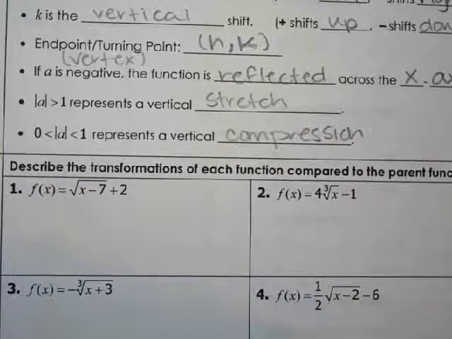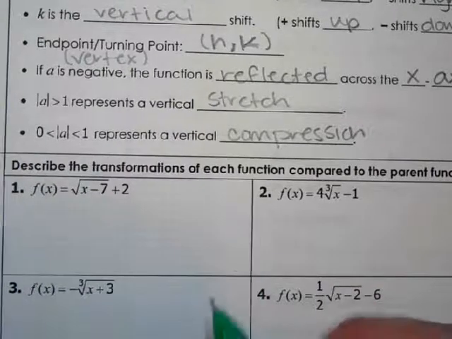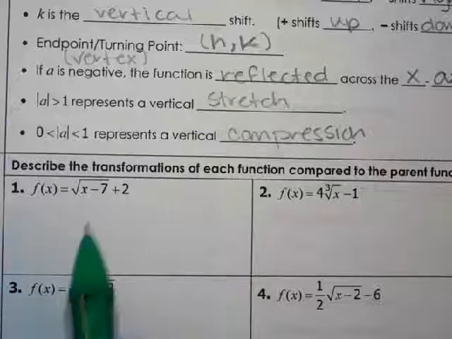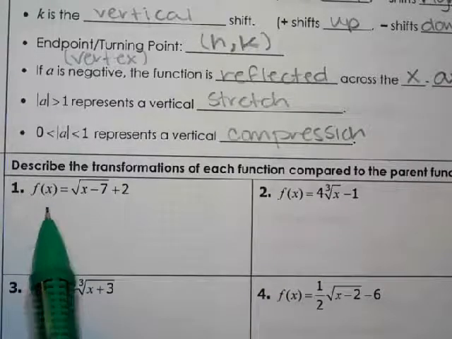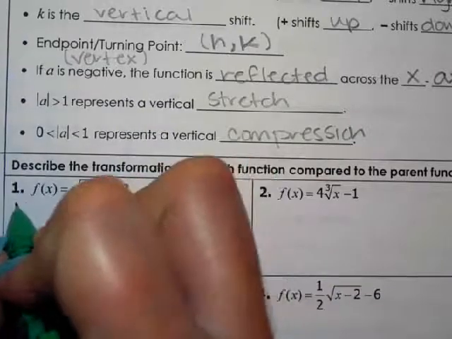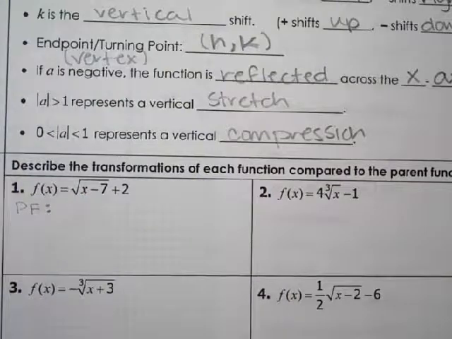All right, so let's describe the transformations down here. Can we do that? Okay, so for number one, I'm going to put PF. That's going to be for parent function. We're just going to say if it's a square root or cube root, and then we're going to say the transformations.